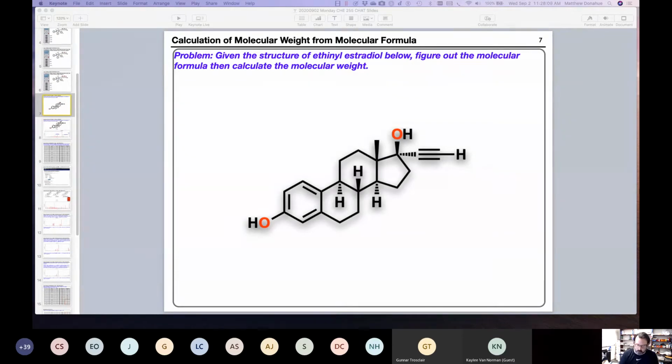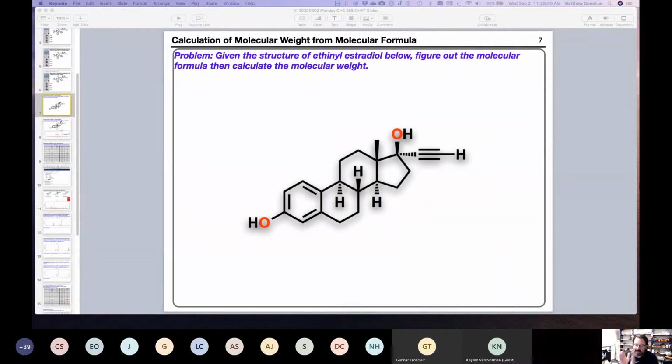H equals 24 times 1, that equals 24. O equals 2 times 16 equals 32. So there are the numbers we use to get 296.